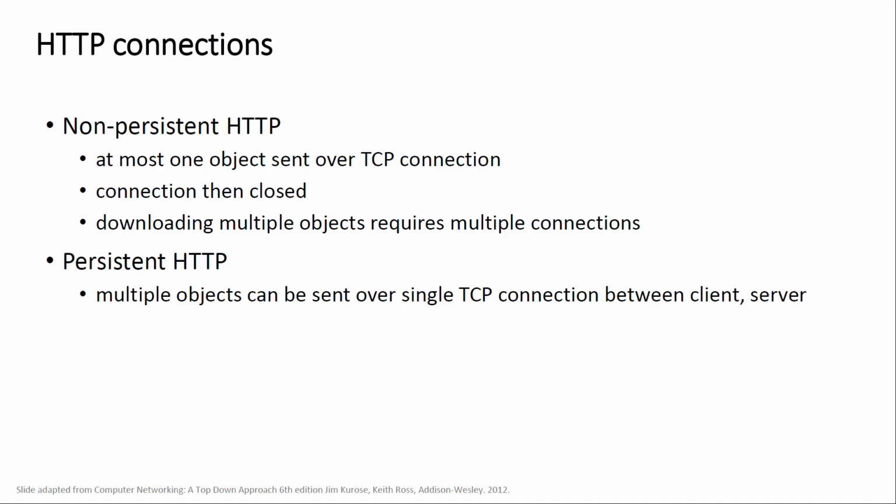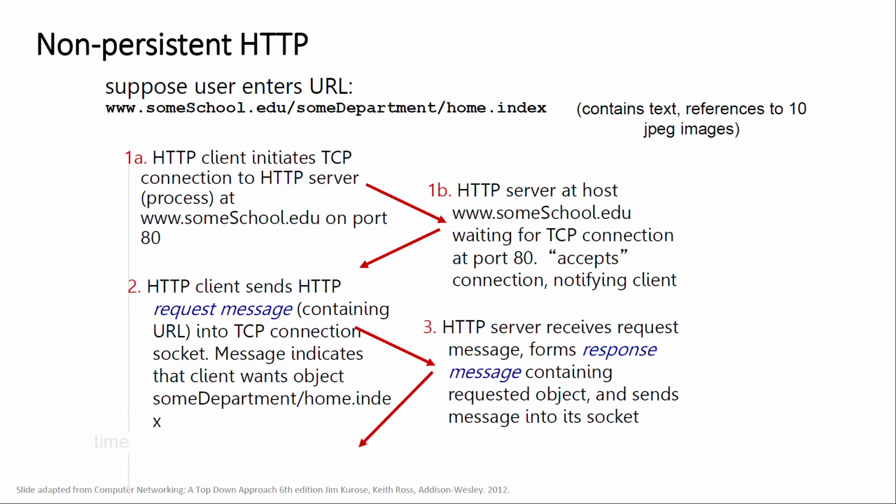In the non-persistent case, at most one object is sent over a TCP connection, then the connection closes. Downloading multiple objects requires multiple connections, so this is the con of non-persistent HTTP connections. But for persistent HTTP, multiple objects can be sent over a single TCP connection between client and server.